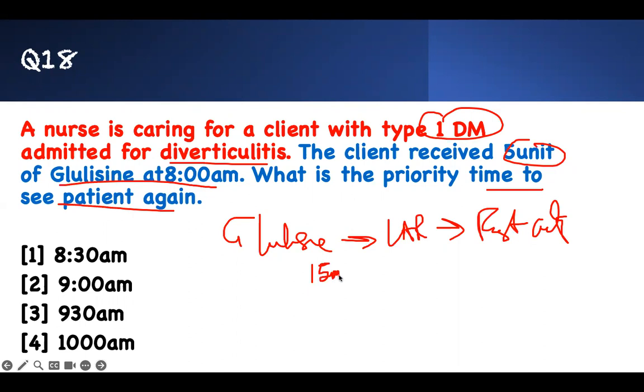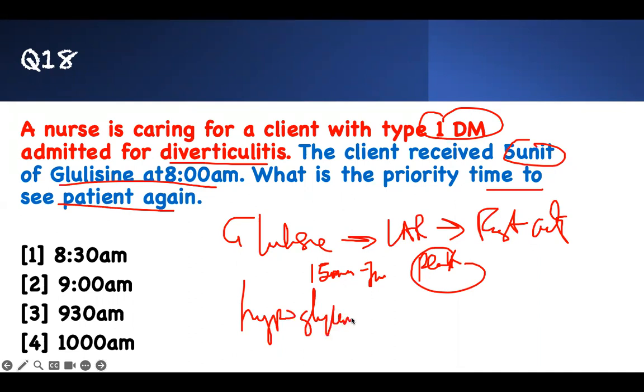usually onset is like 15 minutes, 15 to 30 minutes. They already started, and then their peak. That's when you see them. When they say priority time to see them, it's every time you give somebody insulin, you want to go see them at the time they're going to be what? Hypoglycemic, because you give them insulin, it's going to drop their glucose.